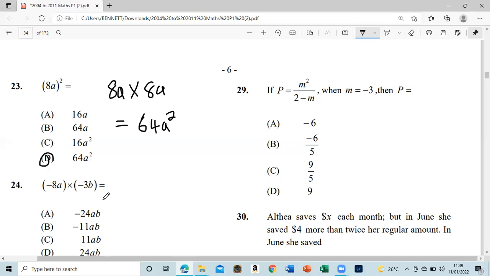All right, this is our little fun section. Negative times a negative is going to give a positive. 8 times 3 is 24, and a times b is ab. So our answer would be D, 24ab.